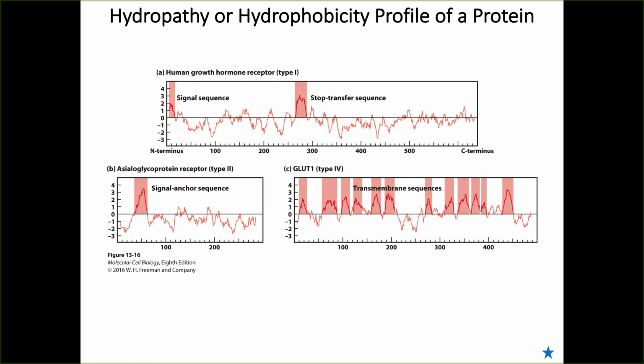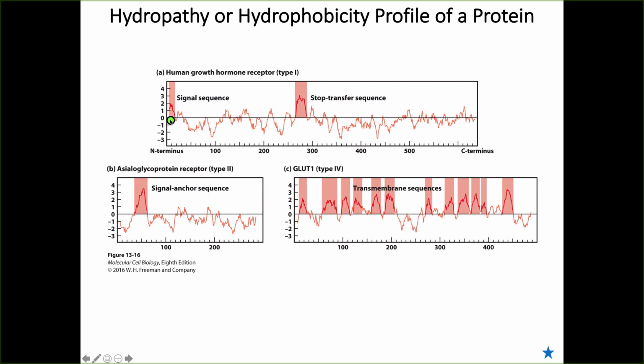So here we are looking at what is called a hydropathy or hydrophobicity profile. You have thousands and thousands of proteins in the database, all these genome sequences, and you pull out a specific protein that you do not know or that scientists have not worked on. If you plot its amino acid sequence, you get what is known as a hydropathy plot or a hydrophobicity profile, which tells you some characteristics of the protein.